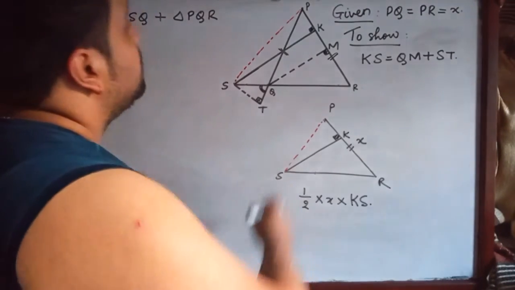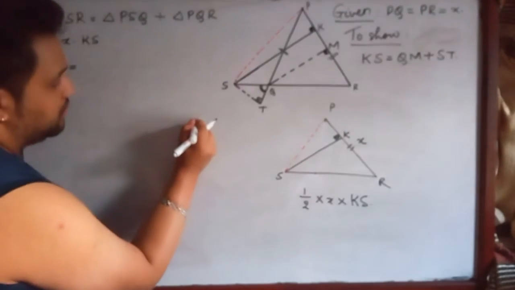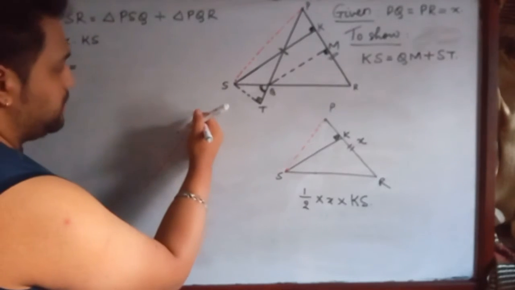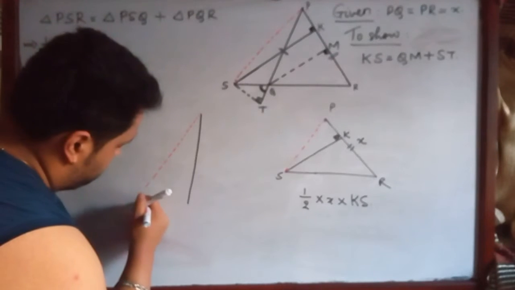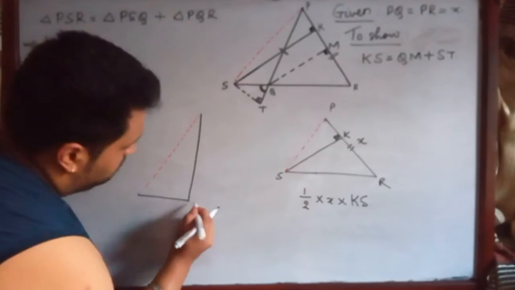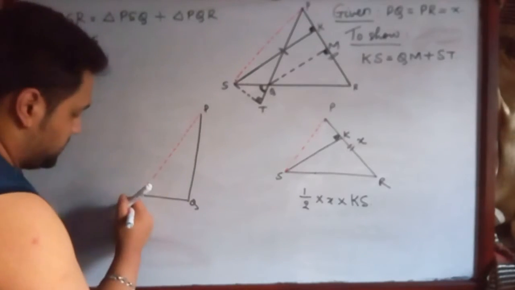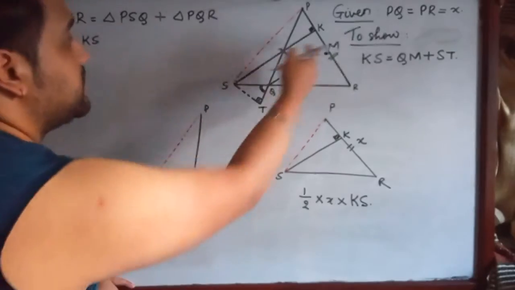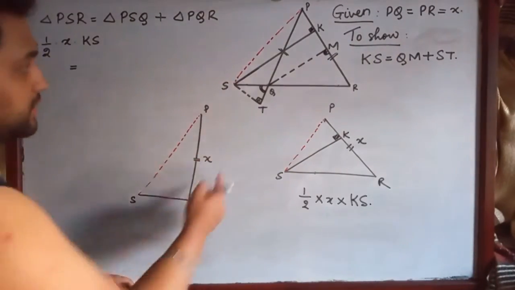We need triangle PSQ. Okay, triangle PSQ. This is P, this is Q, this is P, this is S. And PQ is equal to X. So this is X, right?